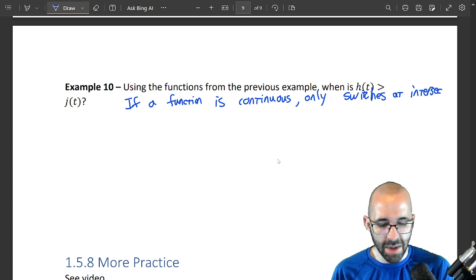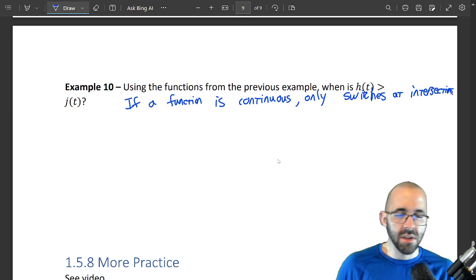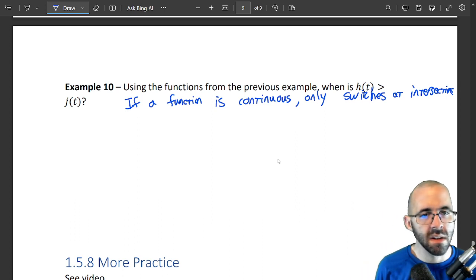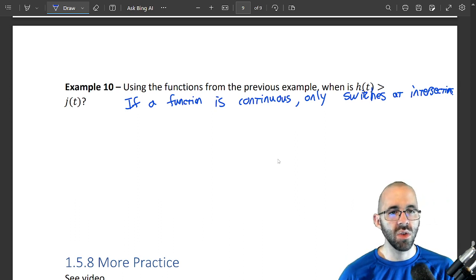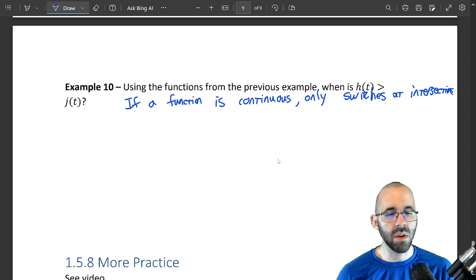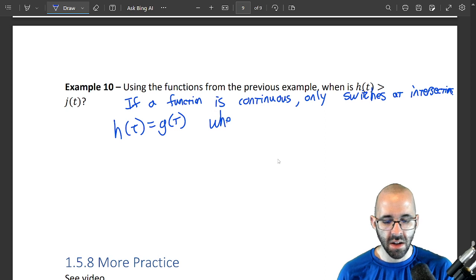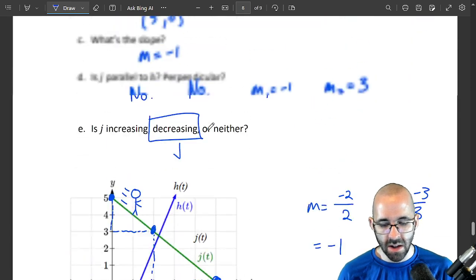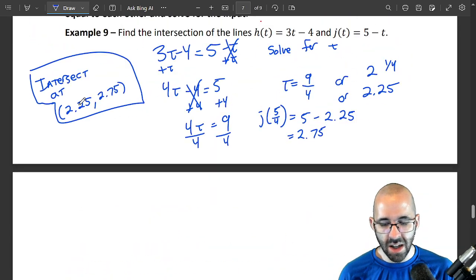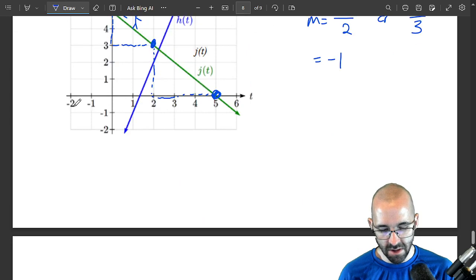And even that's a maybe. So to find out when h is bigger, what we're going to do is find out when they're equal. So we know h of t is equal to j of t. Their function values are equal at their intersection, which is, we said, when t is 2.25.